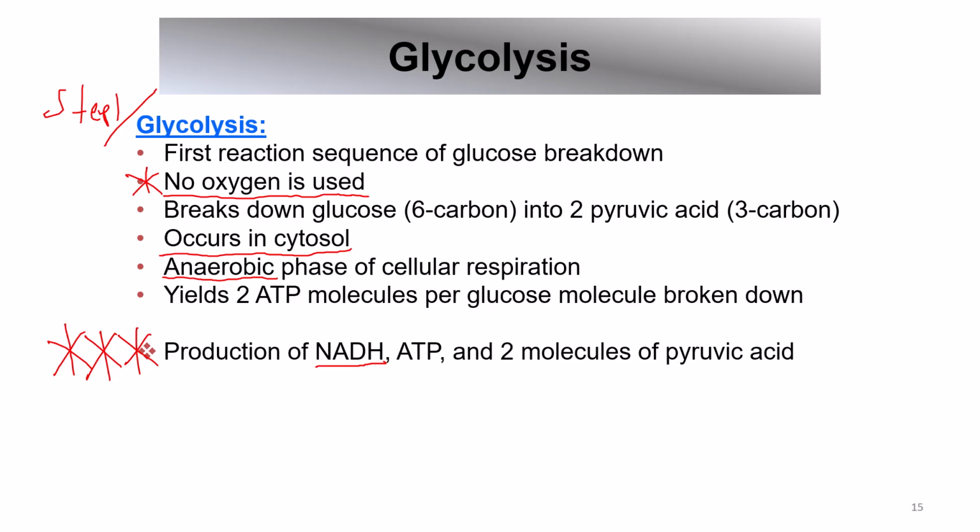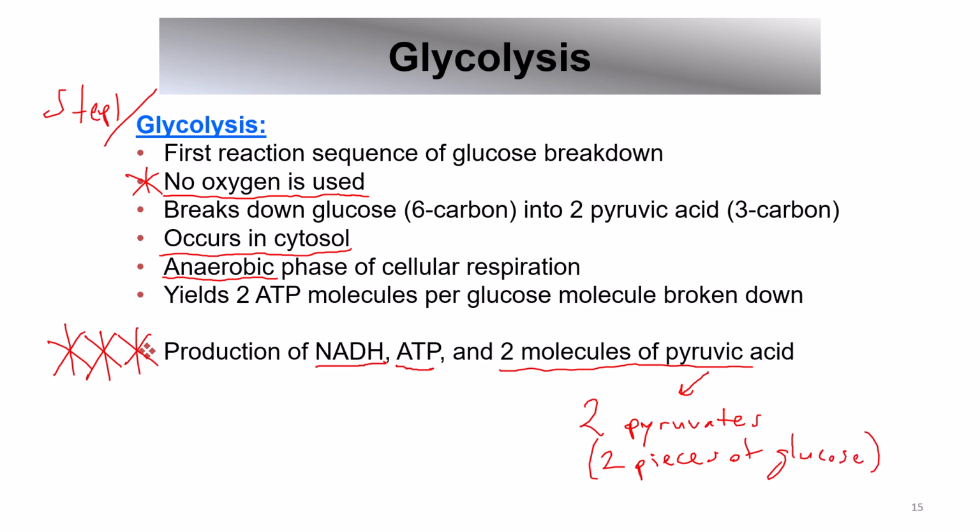Right, so NADH is made, ATP is made, it's just going to be two ATPs, and 2 molecules of pyruvic acid. Pyruvic acid is also called pyruvate. These 2 pyruvates are really just the 2 pieces of glucose, because here glucose gets split into 2 in this step.